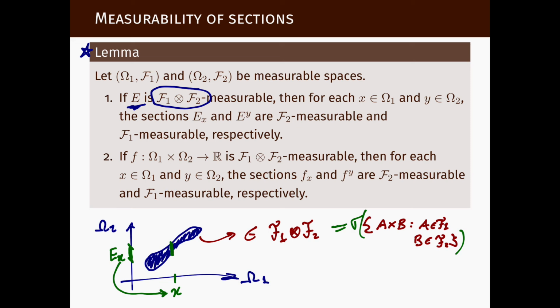So if my set E is in this product sigma algebra, then every value of x that we fix will give us a section which is measurable. So this is what the lemma is saying. This is a key fact. It's a very important fact, and you'll see it being used in upcoming lectures.